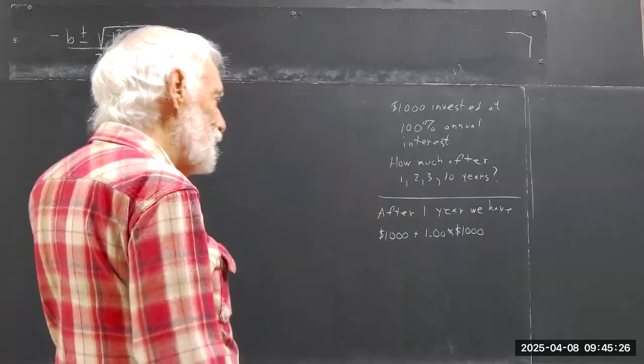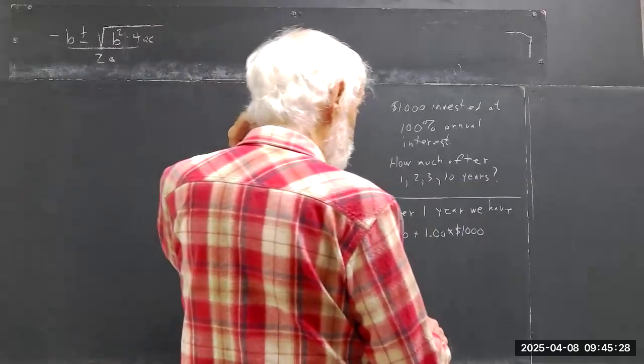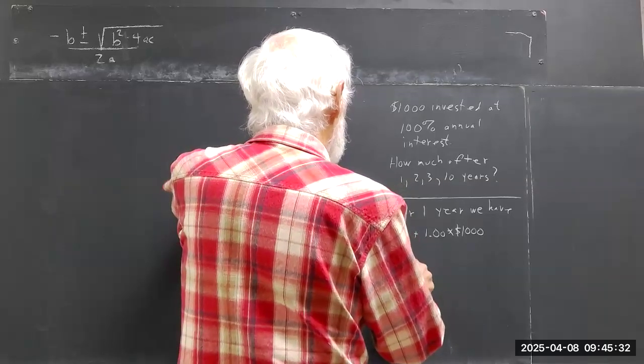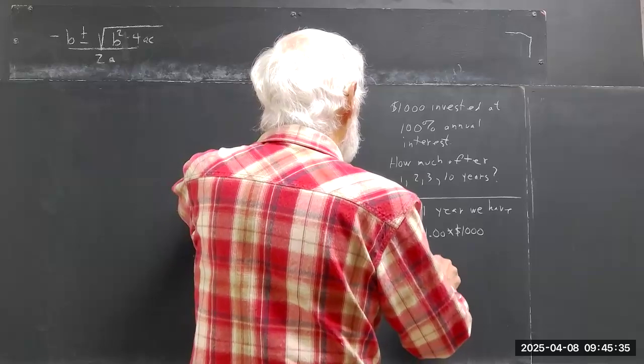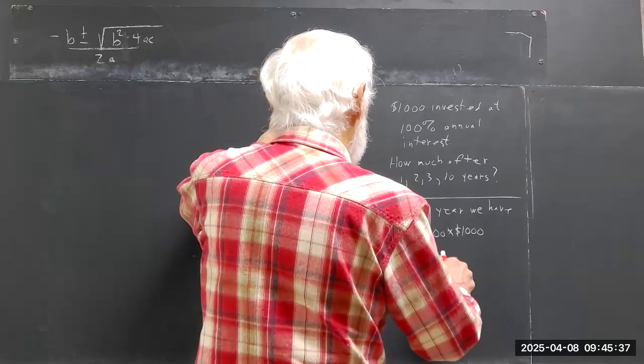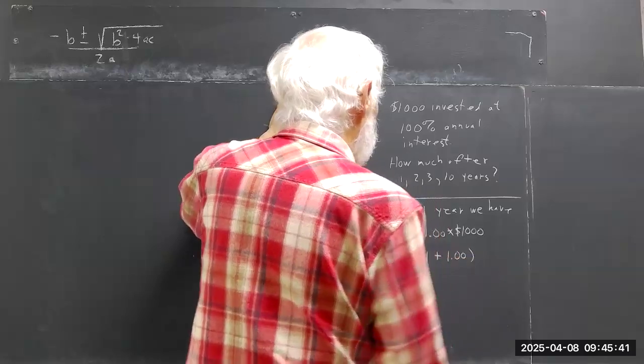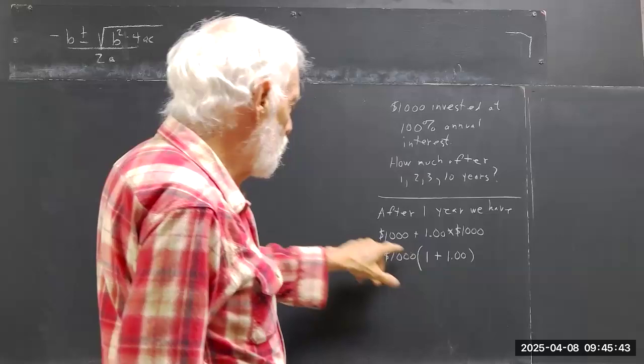So we could write it out like that, and that equals $1,000 times 1 plus 1.00. Now, the 1 comes from this.